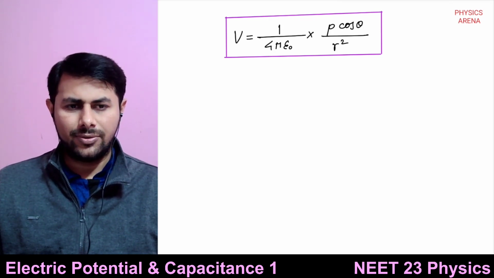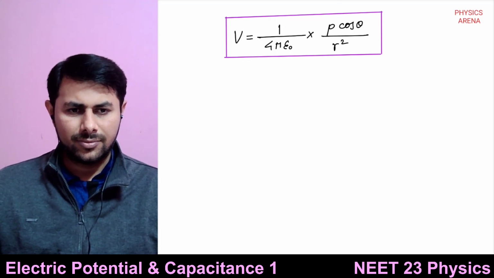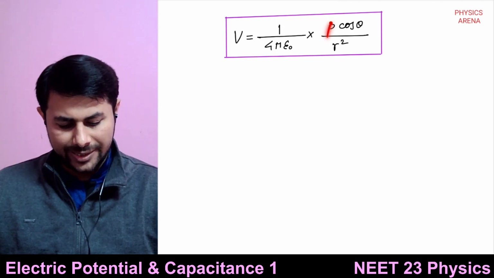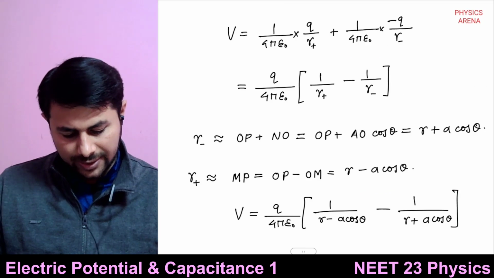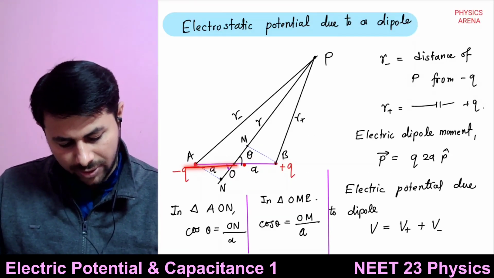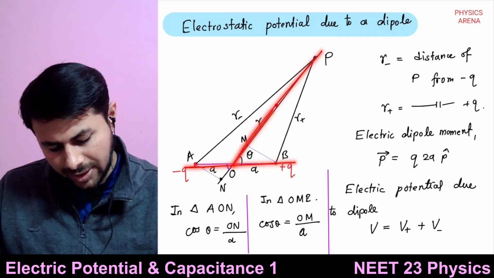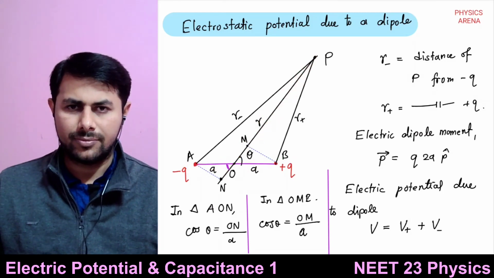So got it? Okay, so P is the dipole moment, theta is the angle between the axis of the dipole and the line joining the center of the dipole to the point P.